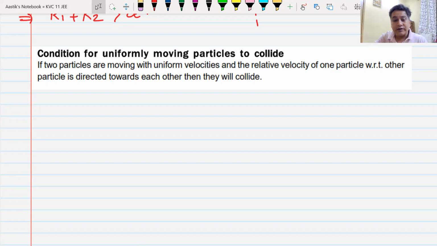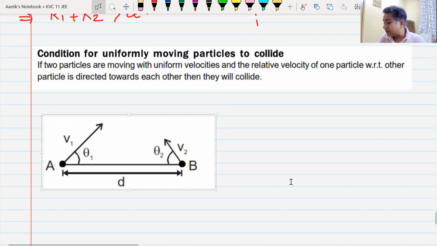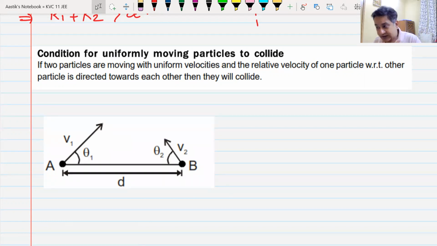If you have two uniformly moving bodies, say the same diagram but with a difference, these are not projectiles, these are two bodies moving with velocities v1 and v2.